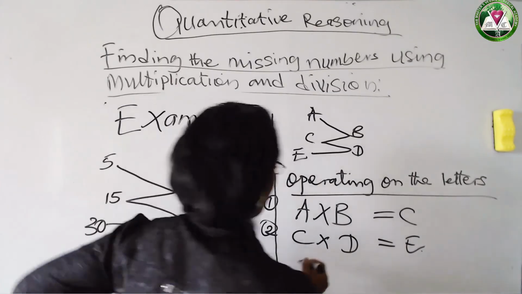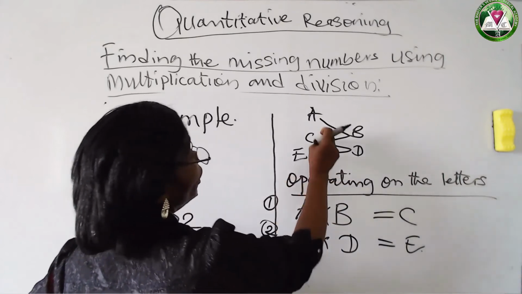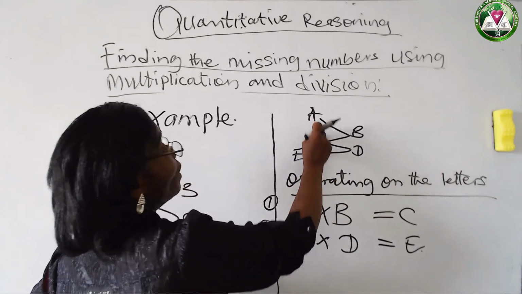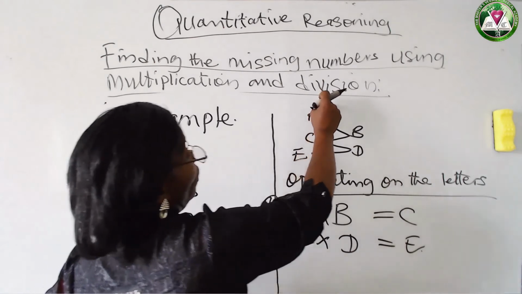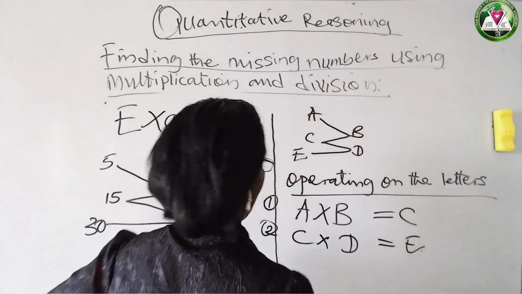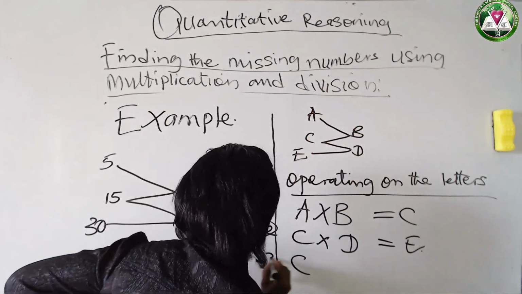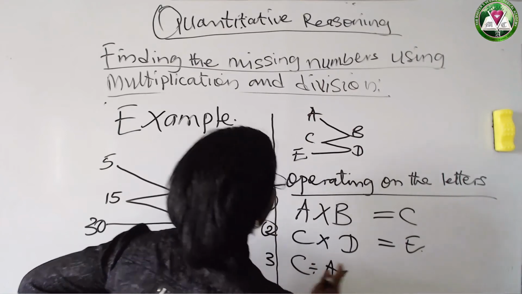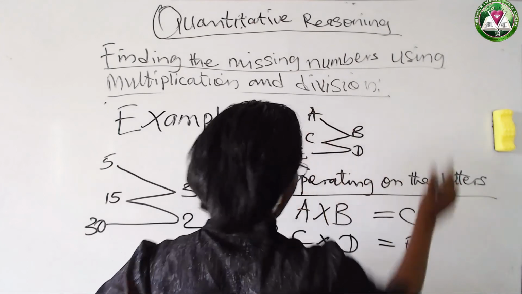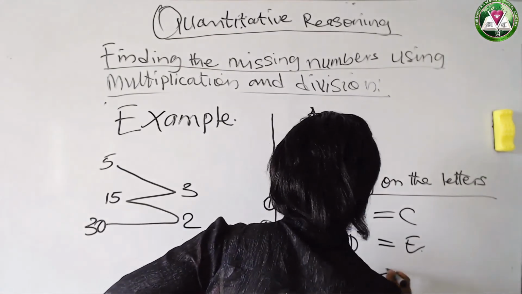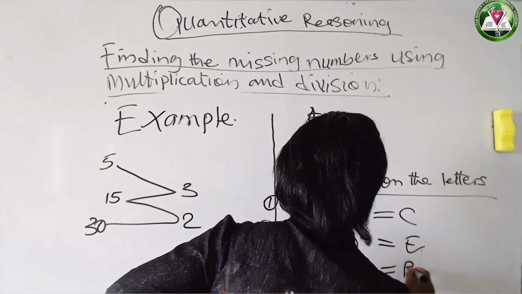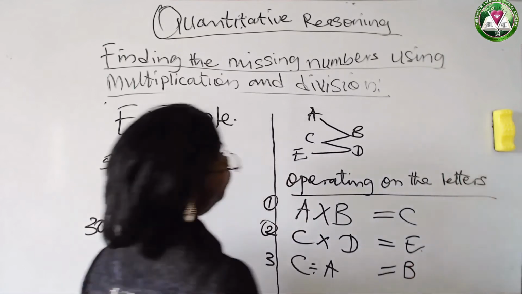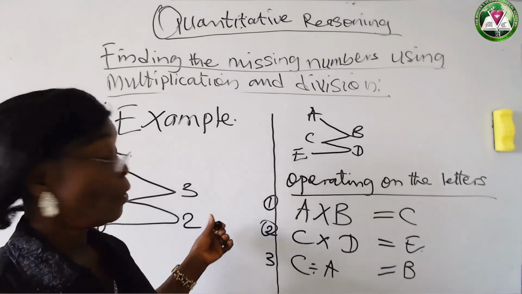Then C divided by A. That is this one. If you use this to divide this, you will get this. Number 3, C divided by A equals B. Are you following?